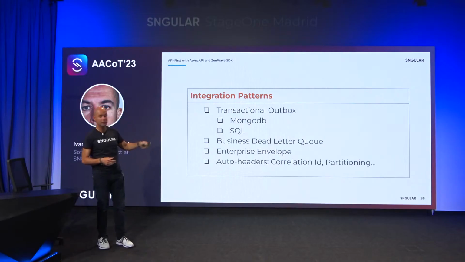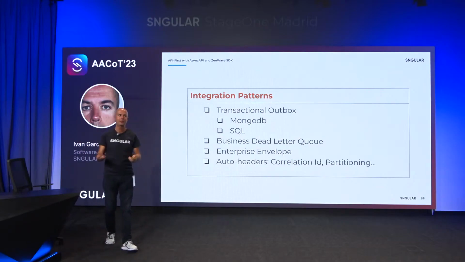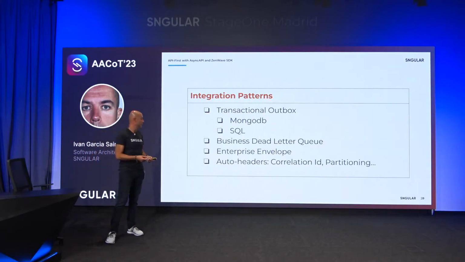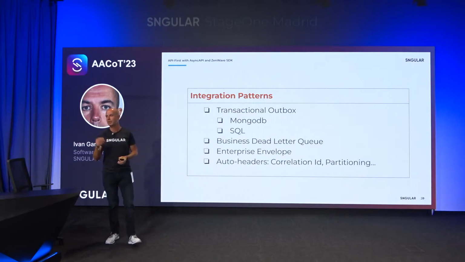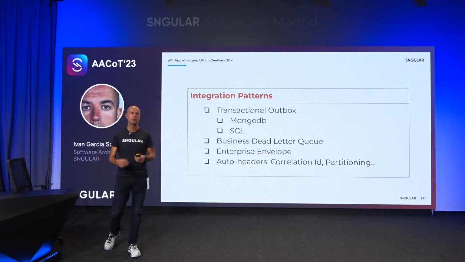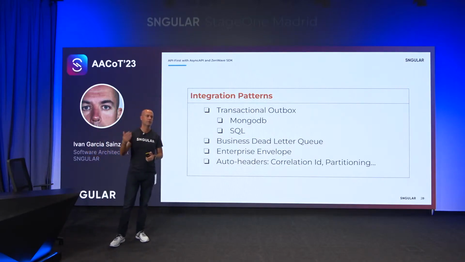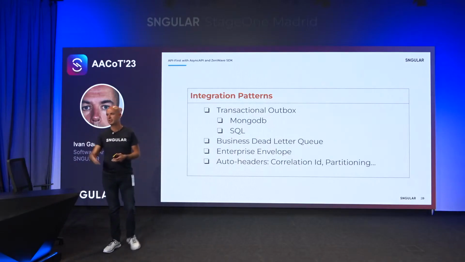And for business DeadLetter Queue, we provide some error handling for you out of the box, because when you're reading one message and there is a problem, an exception, maybe because of serialization problems, your broker is going to try again, maybe up to a number of retries.